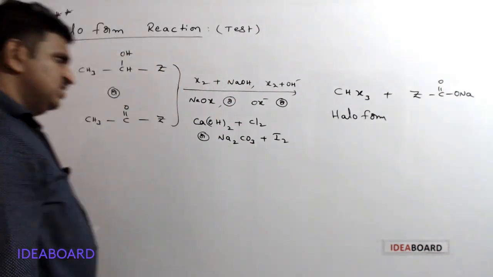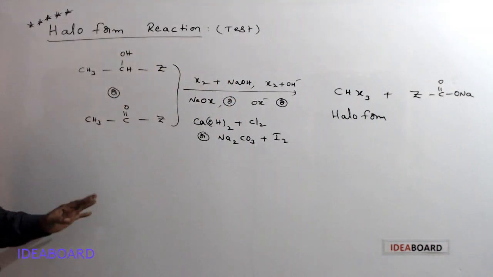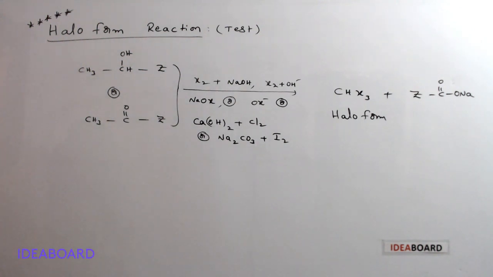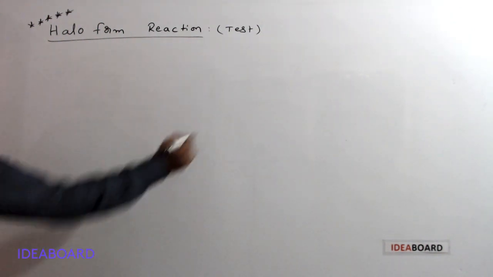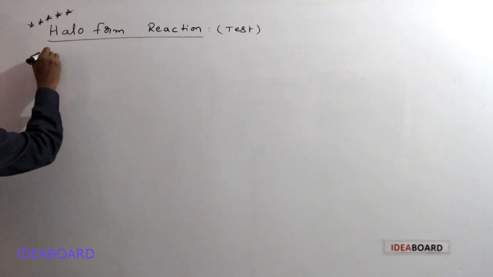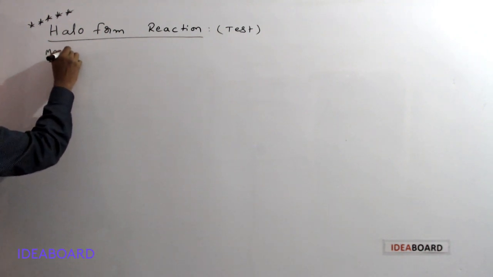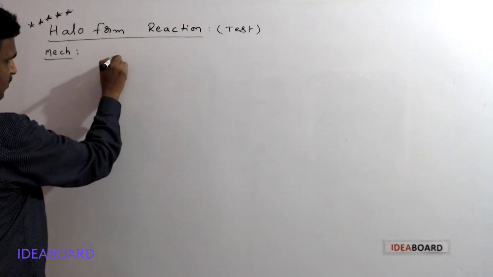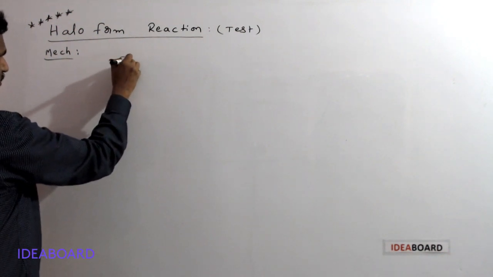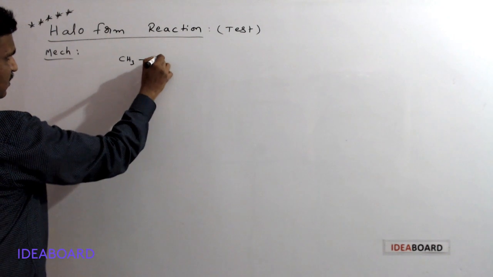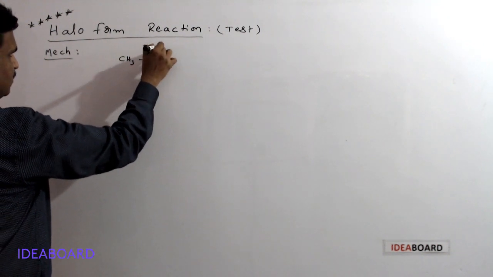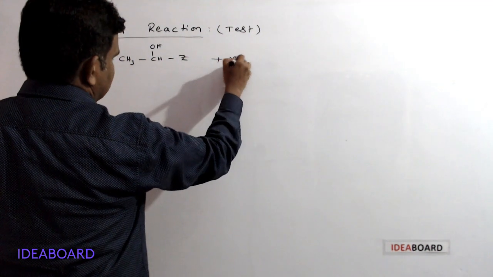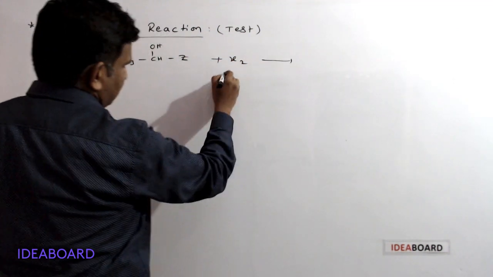I will give the mechanism here. We will see the mechanism of this haloform reaction, how this reaction occurs. First I am taking CH3CHOHZ plus halogen. X2 means it is a halogen.